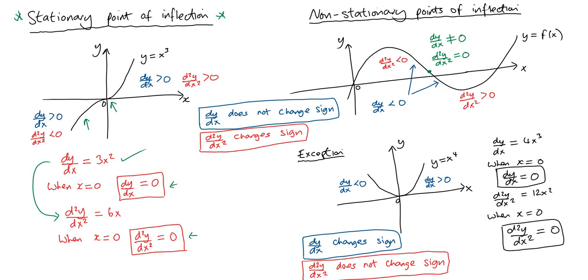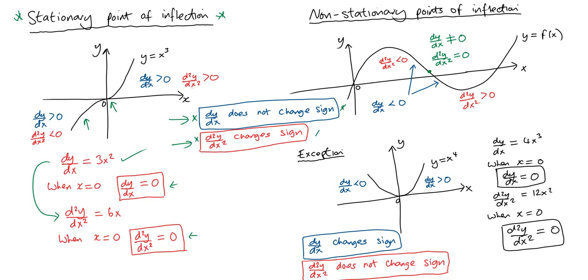For the other side of the curve, when x is greater than 0, dy by dx is greater than 0, and d2y by dx squared is greater than 0. So what you notice is that dy by dx does not change sign, but d2y by dx squared does change sign. For all points of inflection that is true. These are the two things you need to remember.